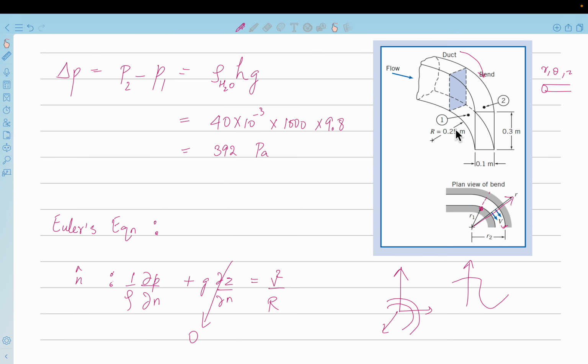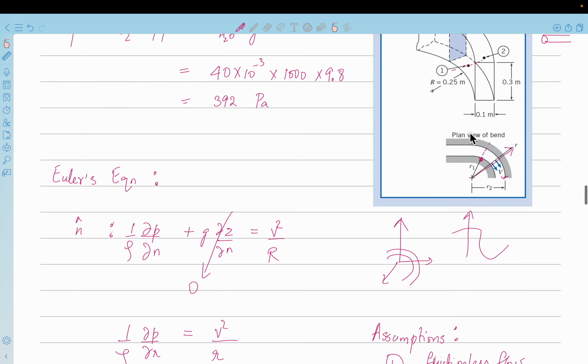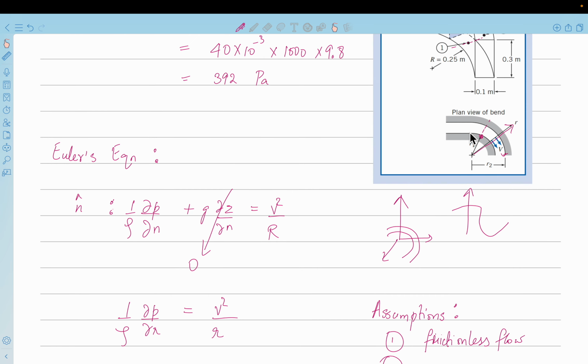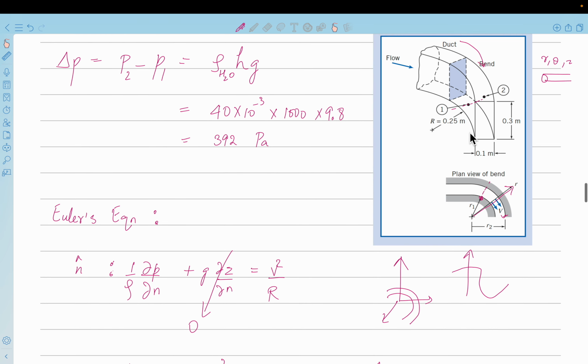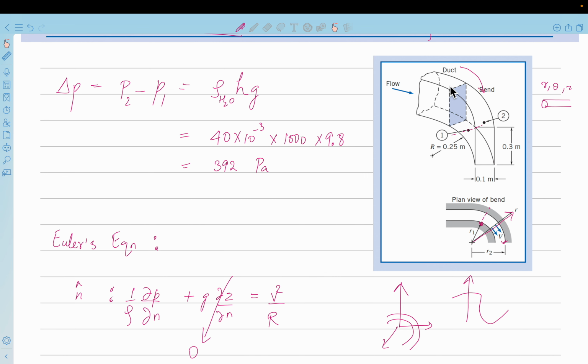Okay, so if you see, there is a measurement which is made at the center at some location. So this is made at, let's say, the bottom line of this duct at the center location. Here it is made at the top. So we are actually assuming that there is a uniform flow at a measurement section. So at any section that I have taken, whether I measure at the top or the bottom, it does not matter.